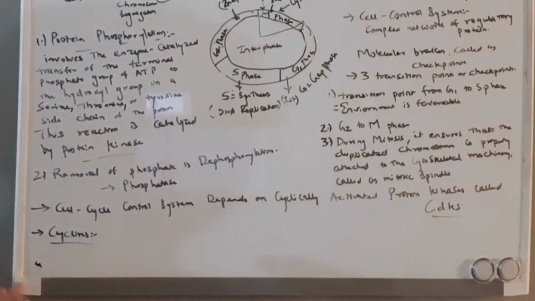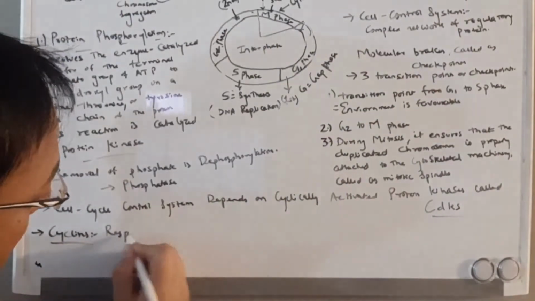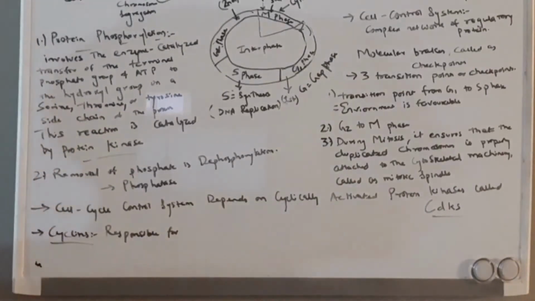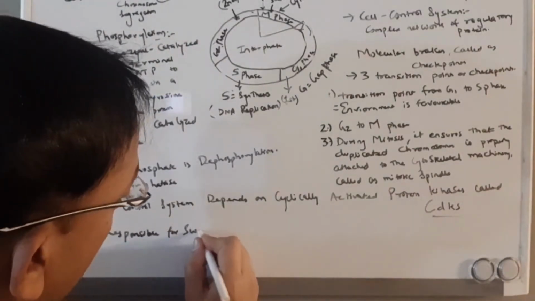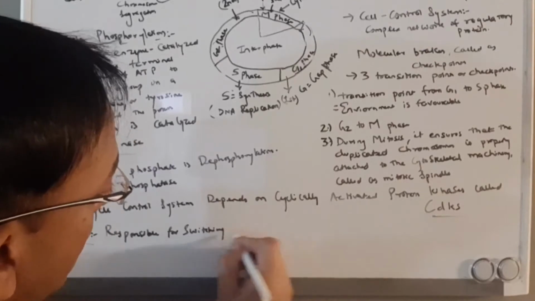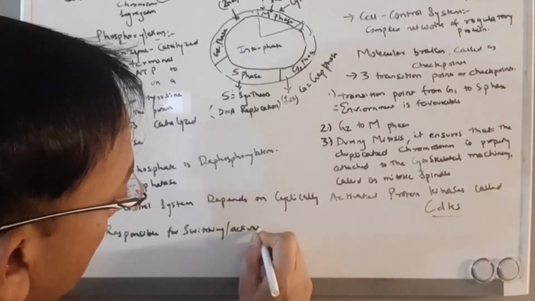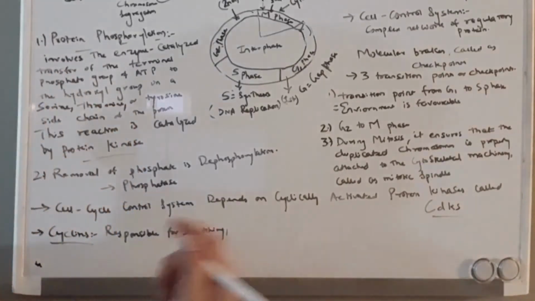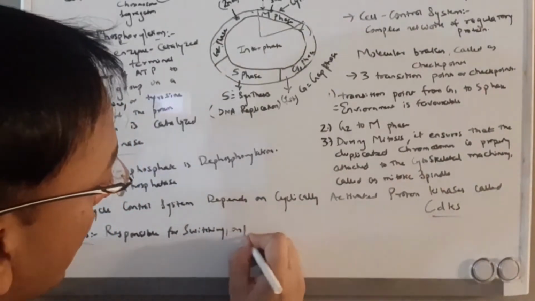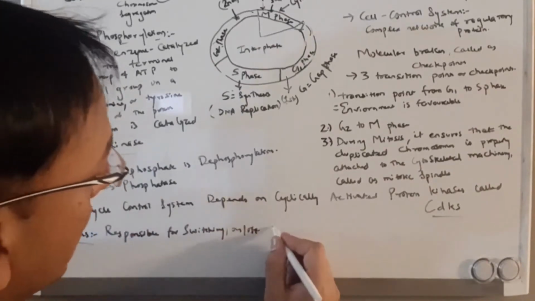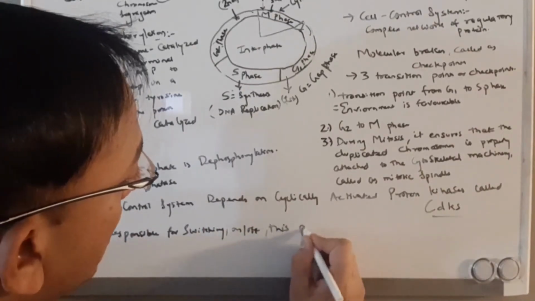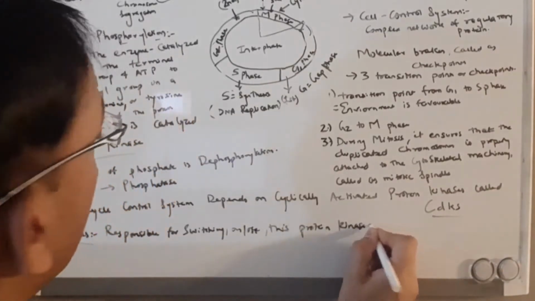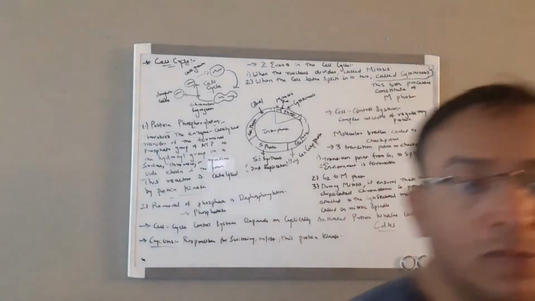They are responsible for switching this protein kinase on and off. That's the responsibility of cyclin.